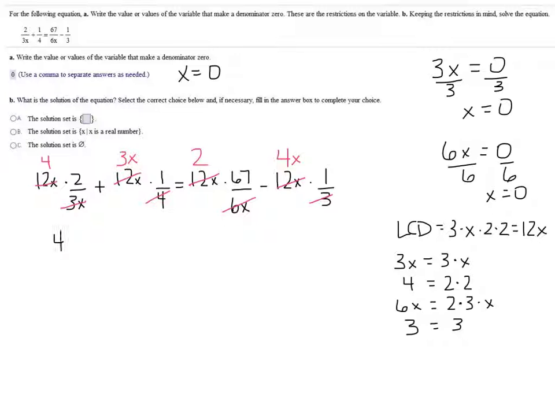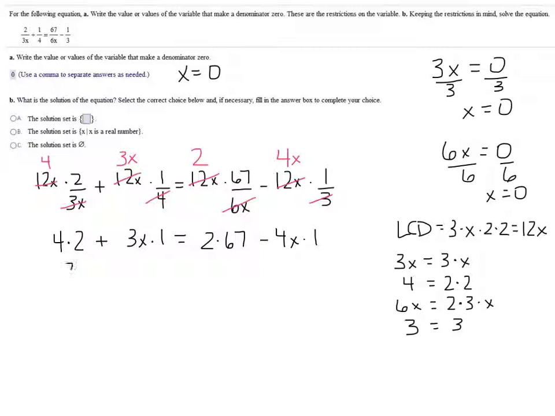So I have 4 times 2. Here I have 3x times 1. Here I have 2 times 67. And here I have 4x times 1. Now I went ahead and multiplied by 1, even though it's not really necessary, just so that you can see how I got each term.